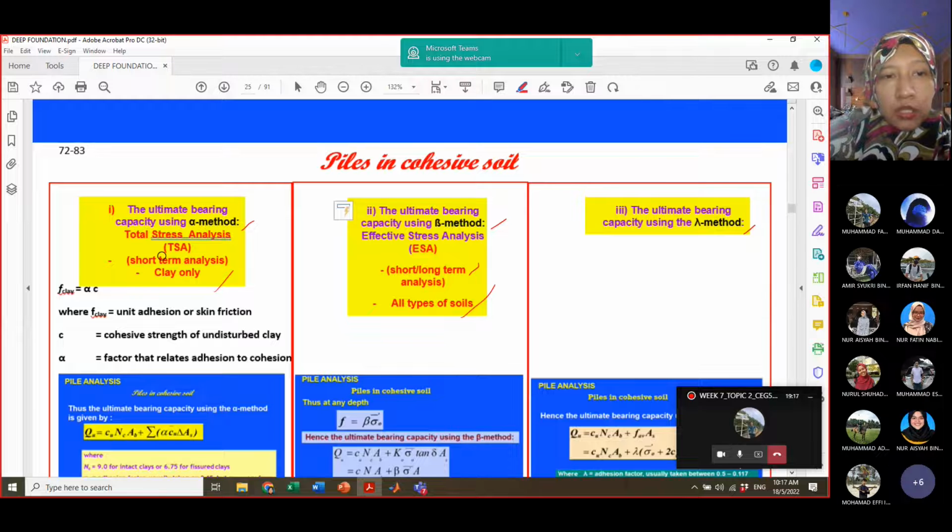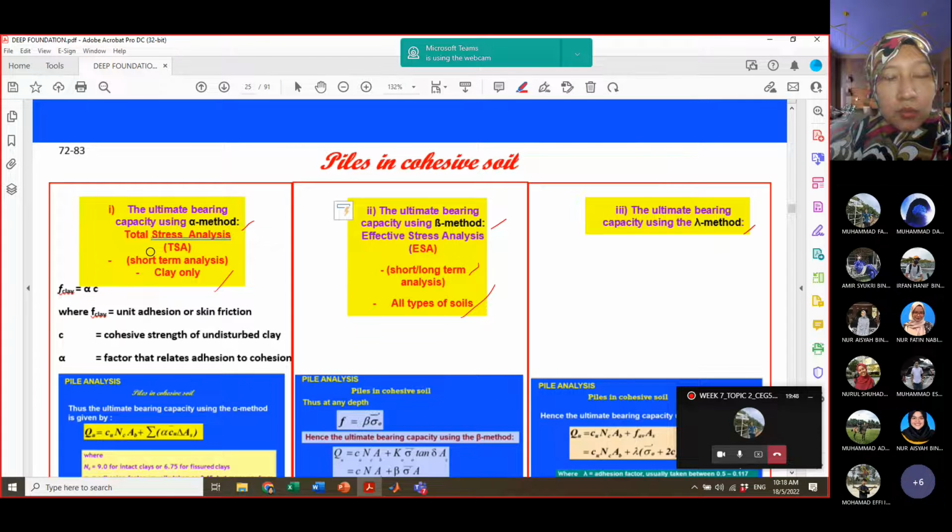It means in this condition it's in undrained conditions. So when you test in a triaxial test, we have CU, consolidated undrained, or UU, where you are not allowed any drainage to occur. But then the excess pore pressure cannot be assessed. So this is the term when you have the strength parameters in the total stress analysis.